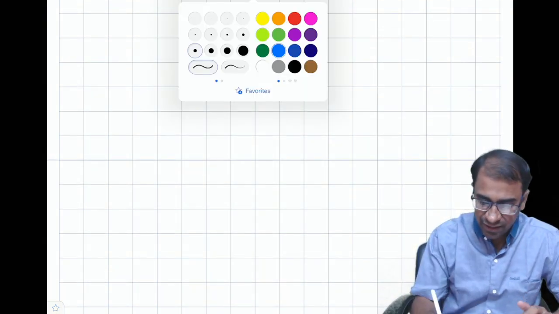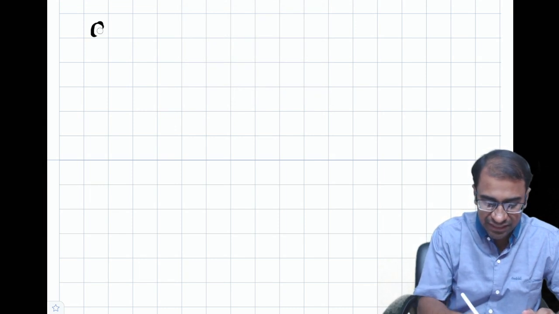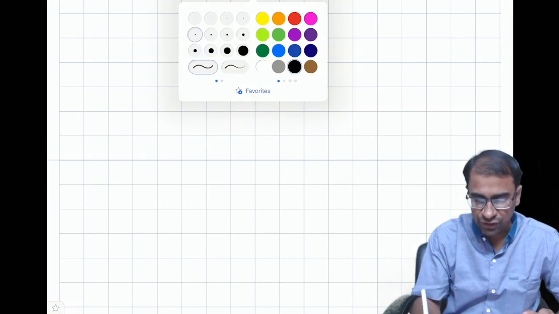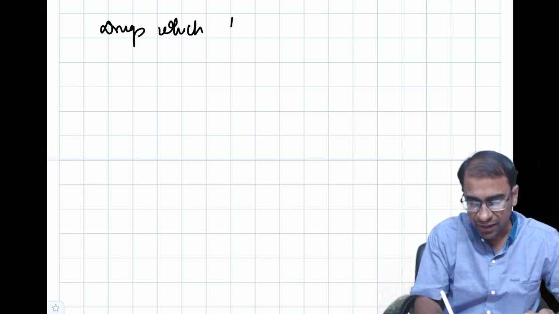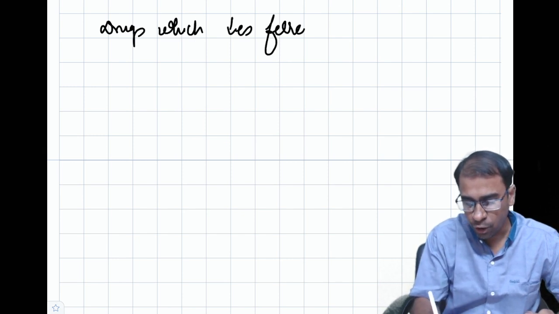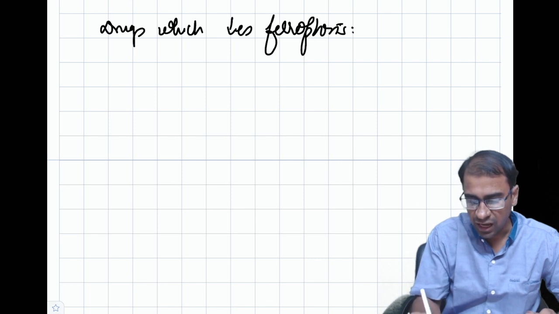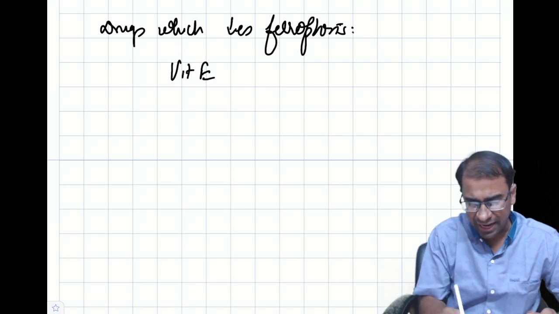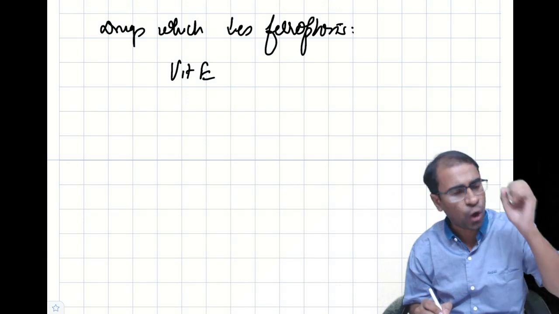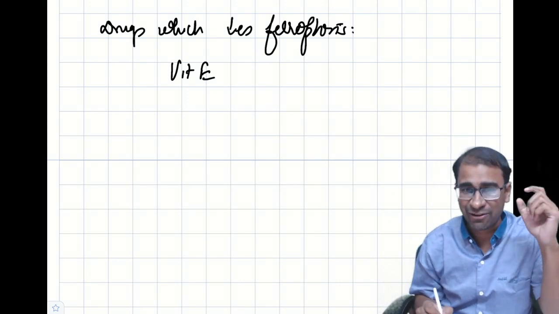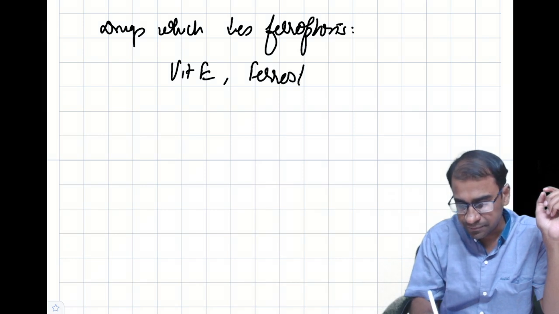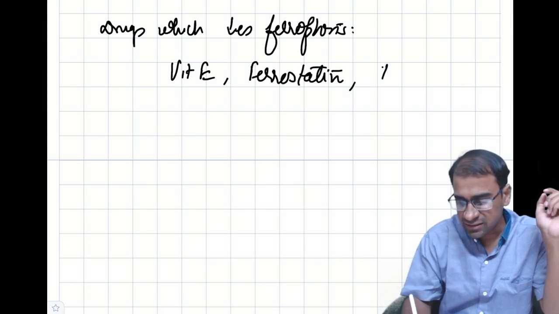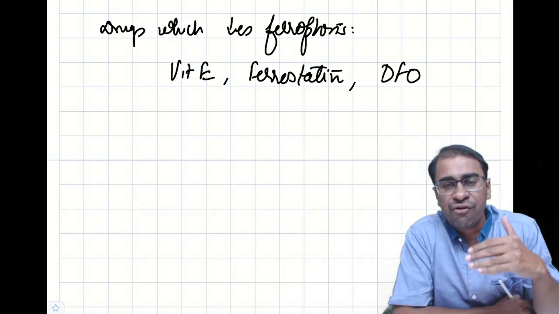So I'll write here the drugs which can decrease ferroptosis as we know today. Remember this: vitamin E, and as you know it has an antioxidant mechanism. Now you get to know how it has a role to play. Vitamin E, ferrostatin, and DFO, that is deferoxamine.